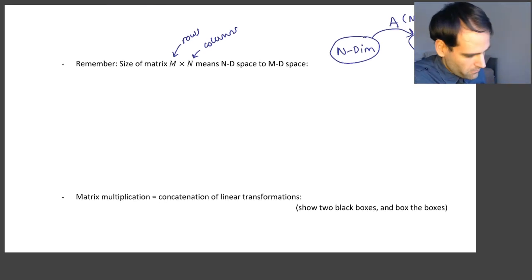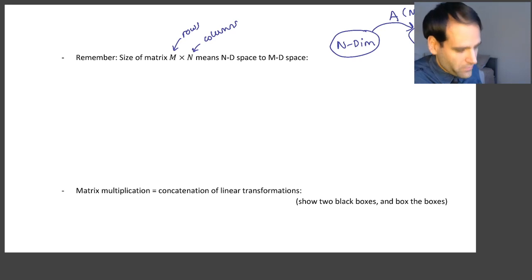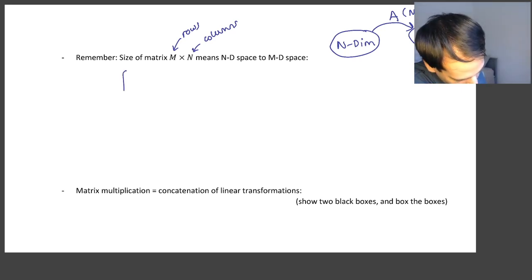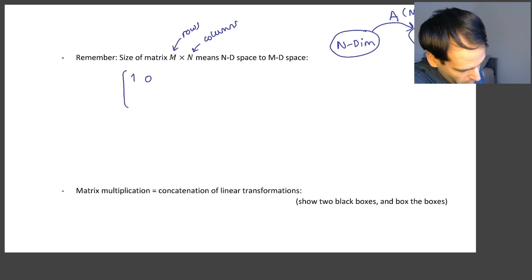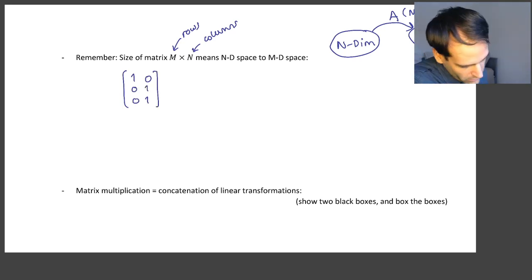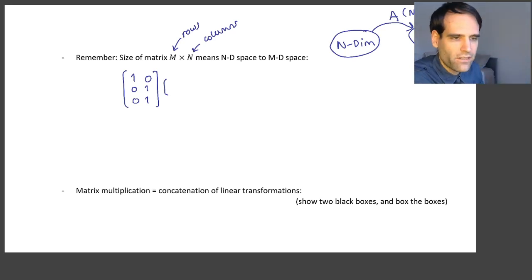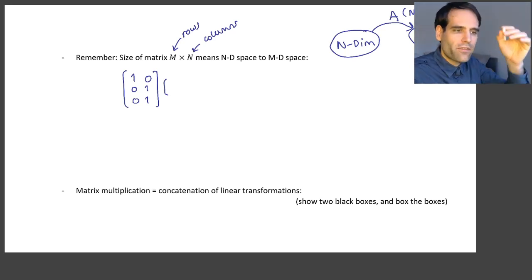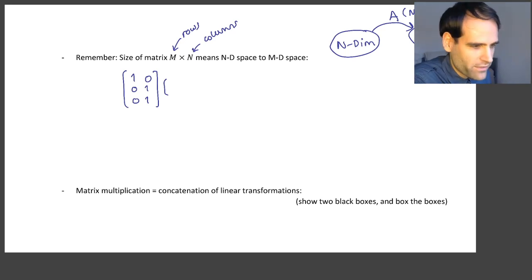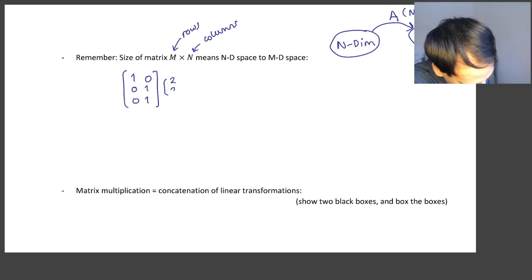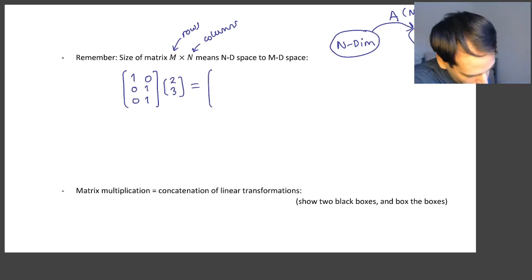Why is this? Well, if you think it through with an example, it's actually pretty simple. Let's say you have a matrix that has 3 rows and 2 columns, maybe this one. What size of vector does this matrix have to multiply? You can only multiply this times a vector that has 2 elements in the column, because if it had 3 elements, you wouldn't be able to do the multiplication. So for example, we multiply this by a vector 2, 3. The result would be 2 times 1 plus 0 times 3, that's 2.